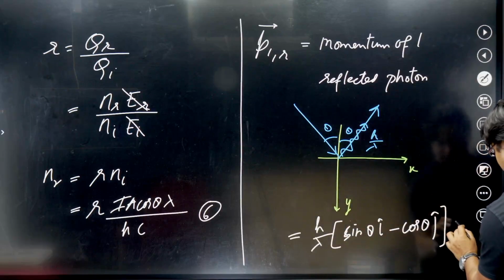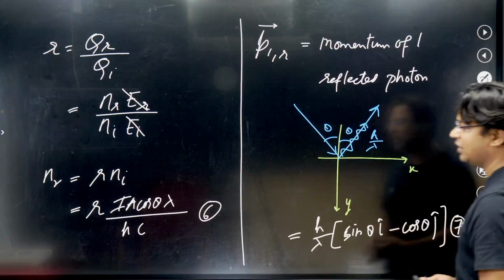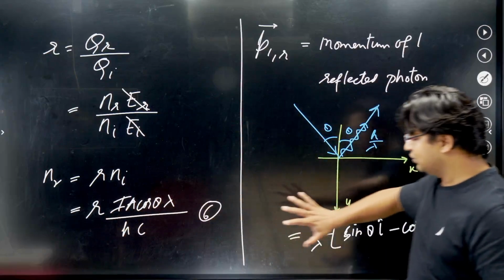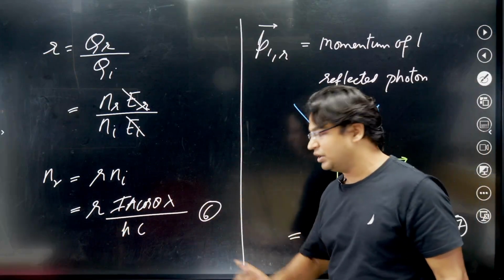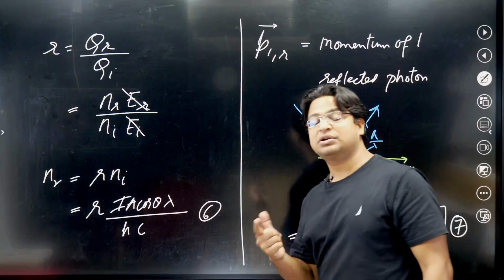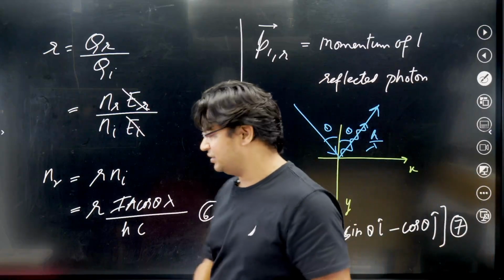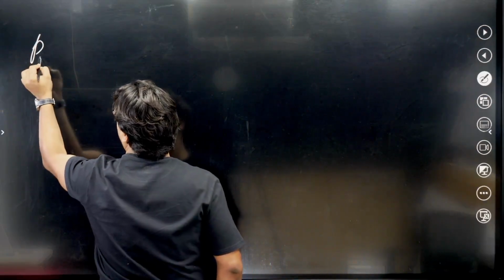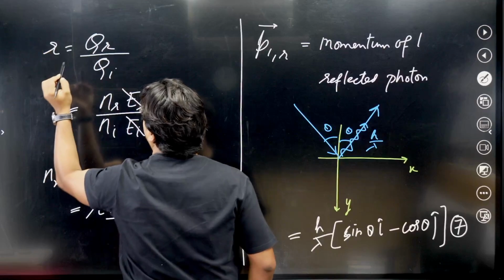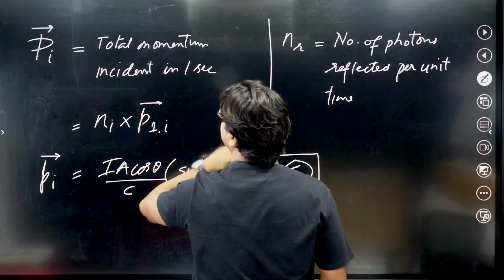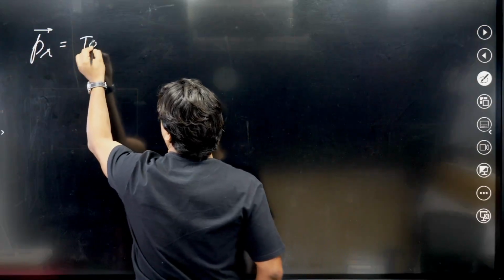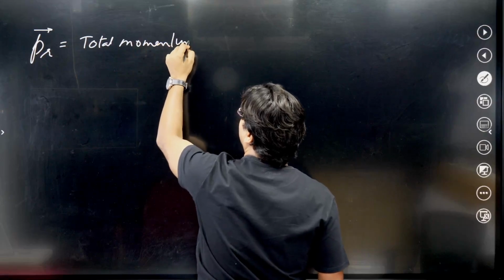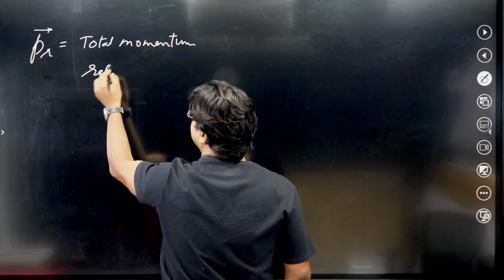Let me call this equation number 7. I know how many photons are reflected every second, and I know the momentum of one reflected photon. If I multiply these two, I get the total reflected momentum in 1 second. So I'm going to write PR. What was PI? The total momentum incident in 1 second. So this is the total momentum reflected in 1 second.